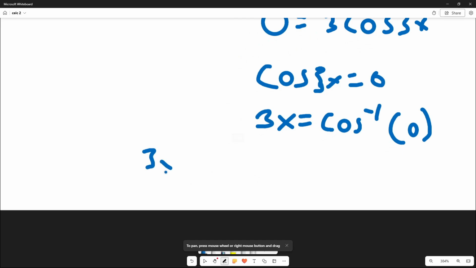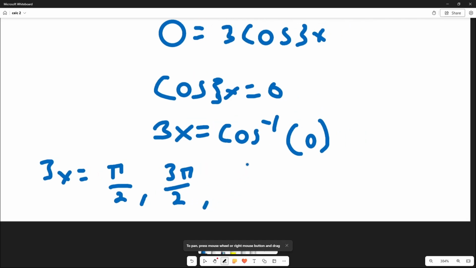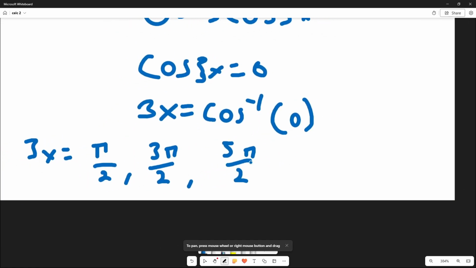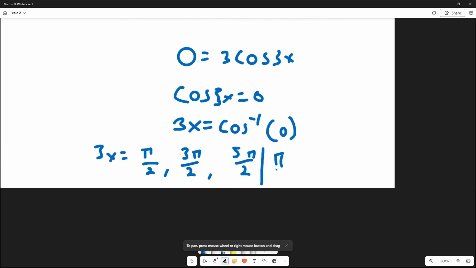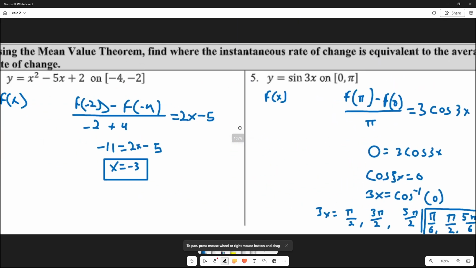So it'll be 3x equals pi over 2, and then 3 pi over 2, and then 5 pi over 2. And then once you divide everything, it would just be pi over 6, pi over 2, and 5 pi over 6 as your x values. And that's it for these two questions.